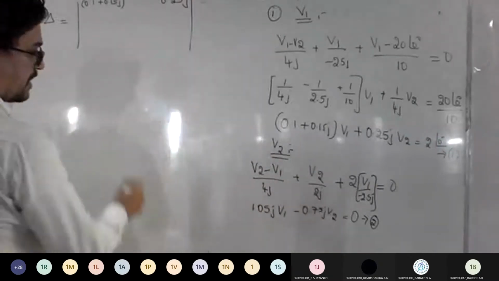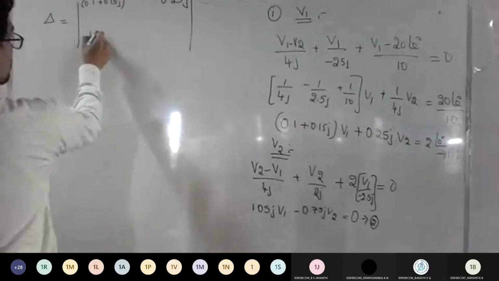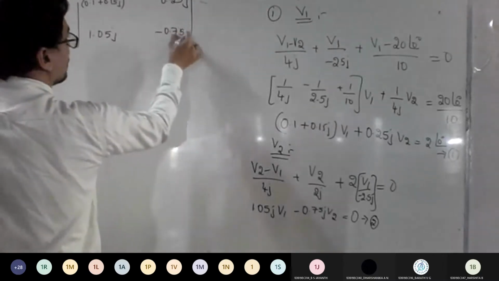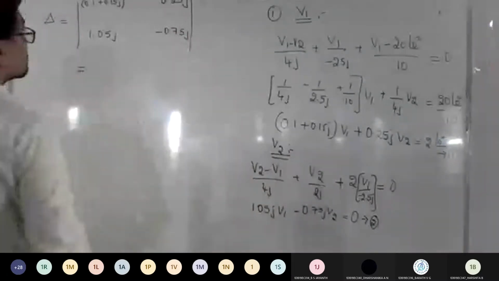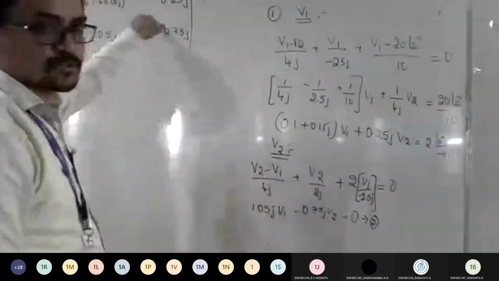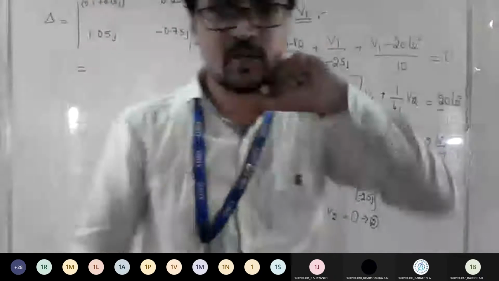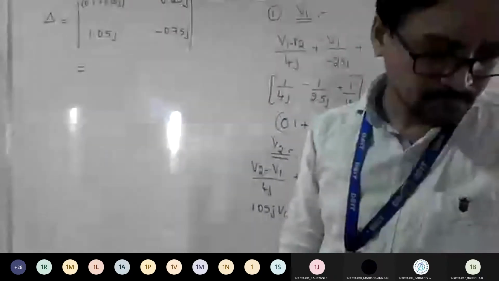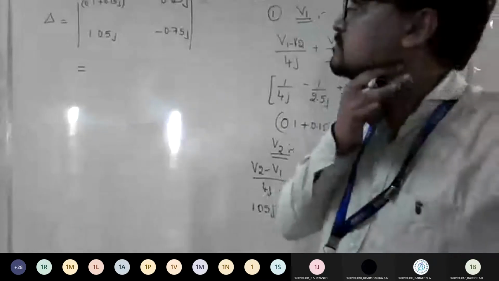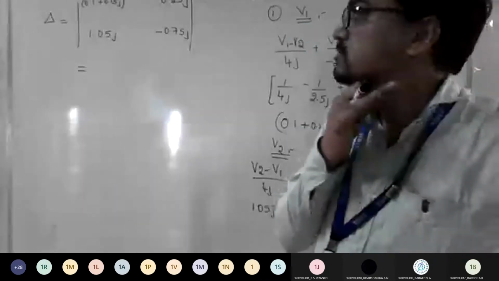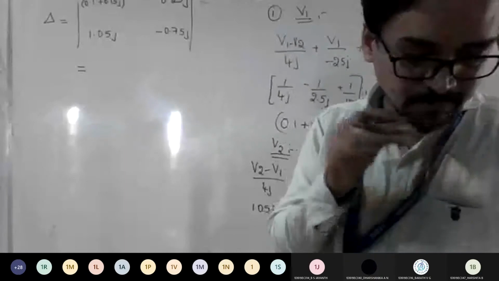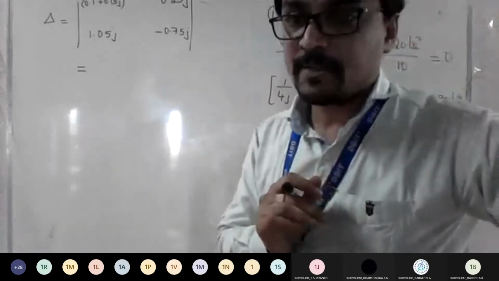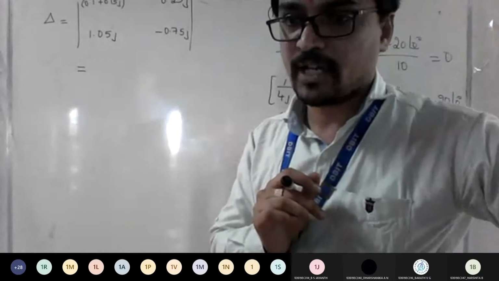If it is a 3 cross 3 matrix, you should be very careful. So 1.05J and this is 0.75J. Check what is delta: multiply this 2 minus this 2. Use complex mode in the calculator, you can do it faster. Multiply both terms in complex mode and tell me delta.